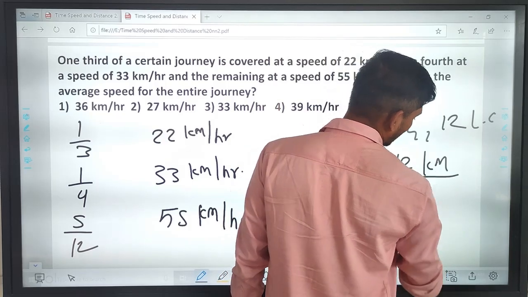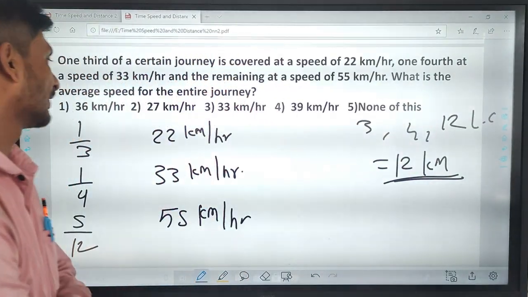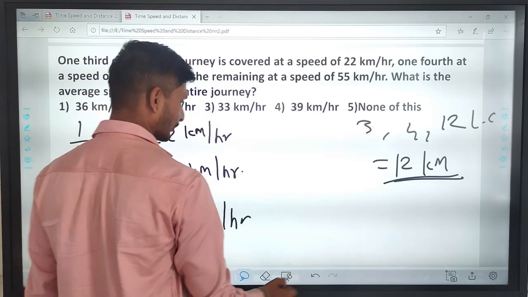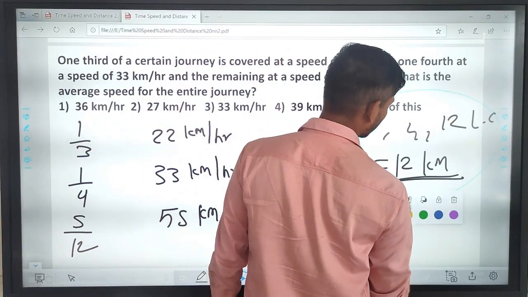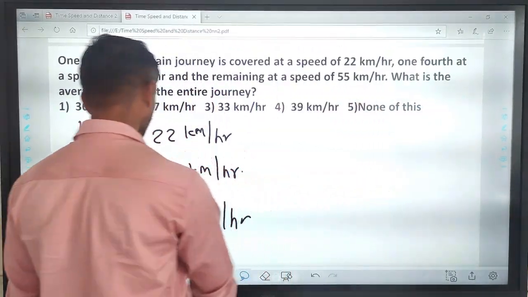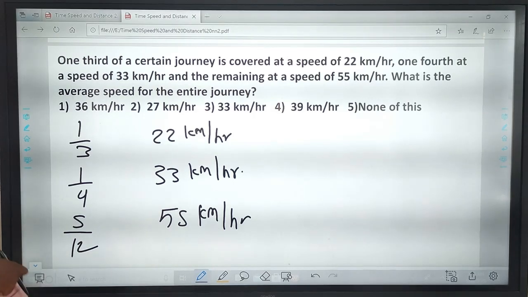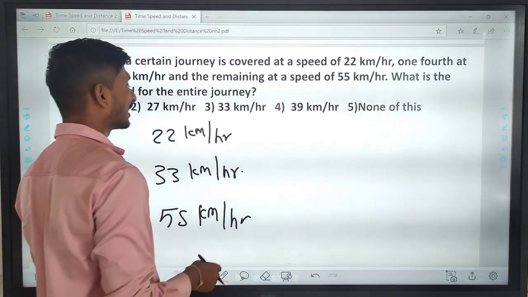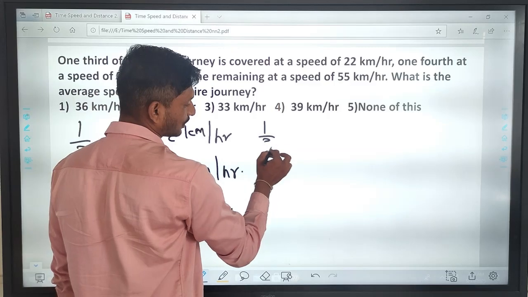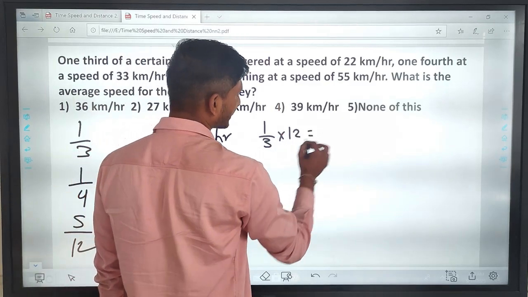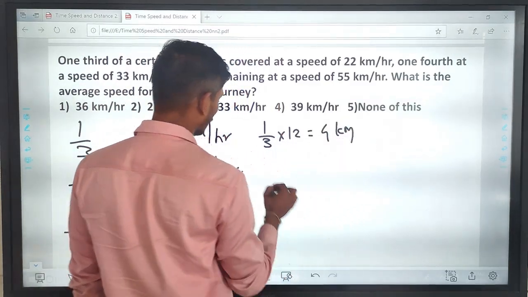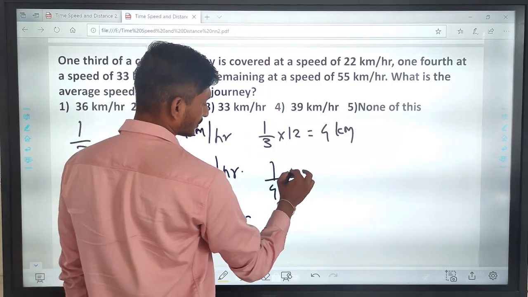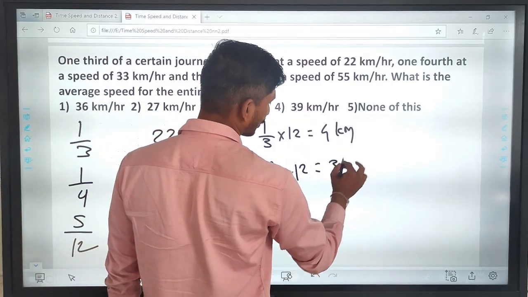Now we take the total distance as 12 km. Then one third of 12 is 4 km, and one fourth of 12 is 3 km.